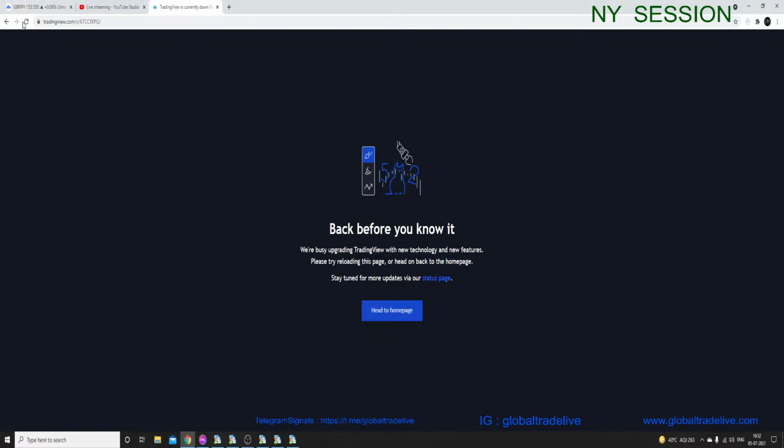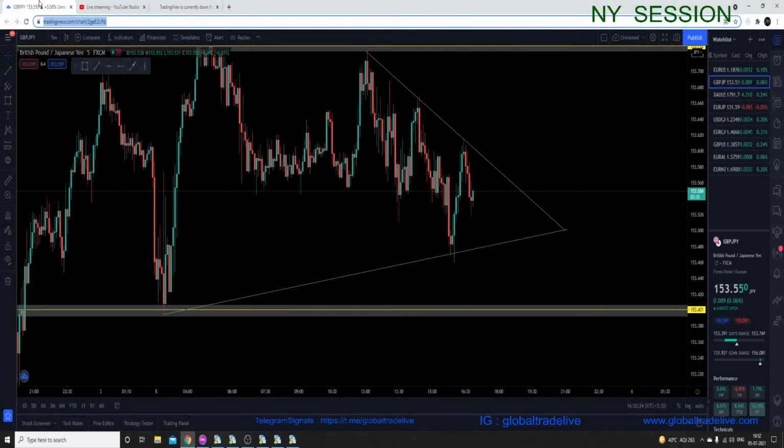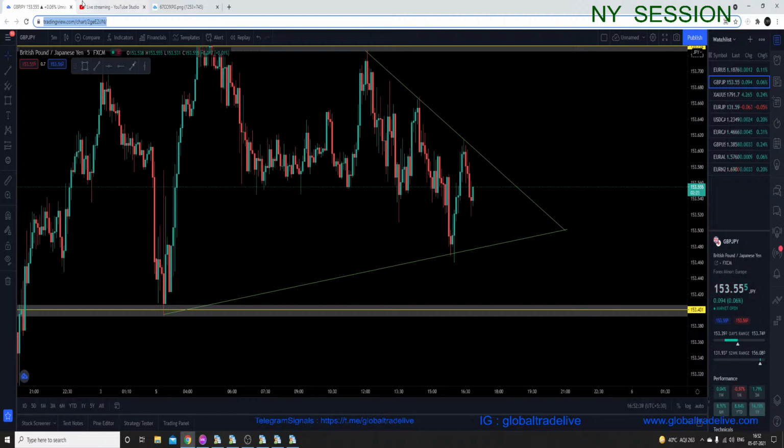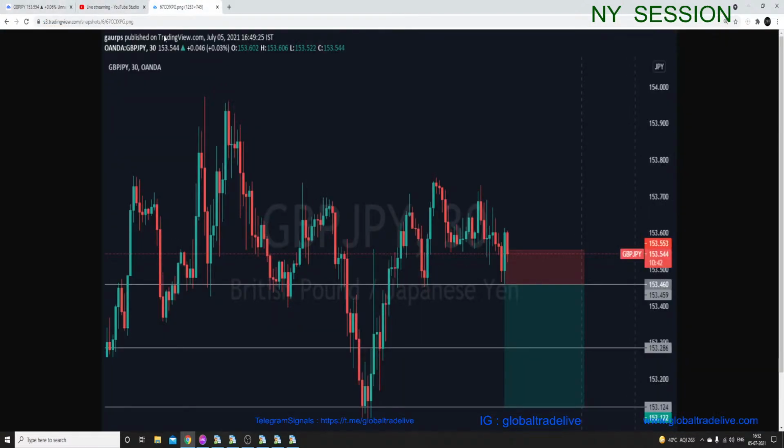What is this? TradingView is currently down for maintenance, but the graphs are still running here. Guys, just tell me, are you also facing problems with opening TradingView right now? Because right now it's okay, it's just opened here. Okay, fine.